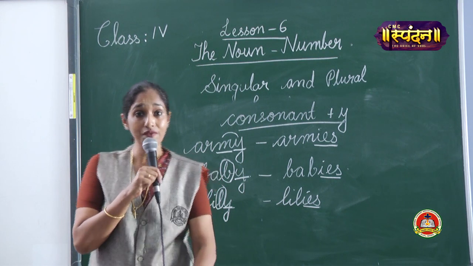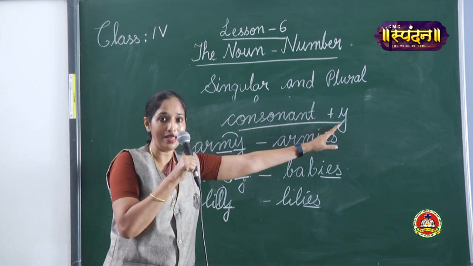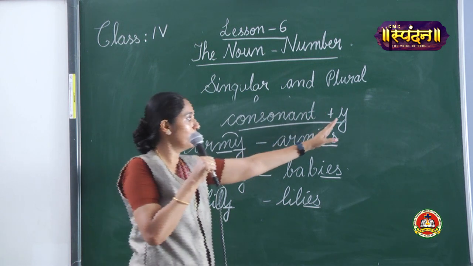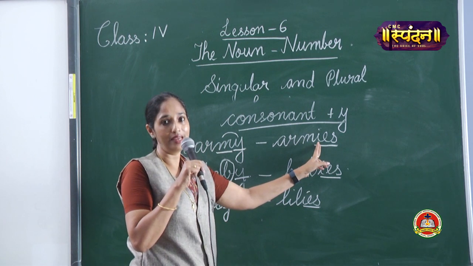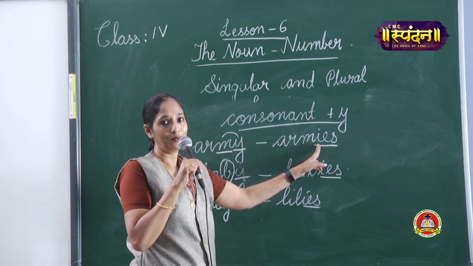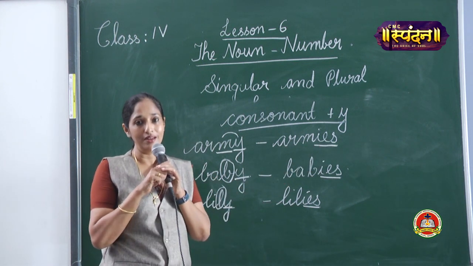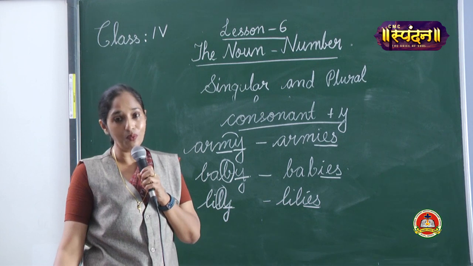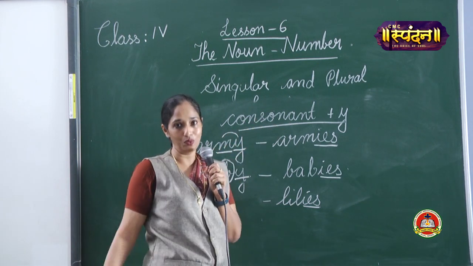So, if a word ends in a consonant plus y, you have to remove the y and add ies to form the plural. Hope you understood. Now moving to the next rule. If a word ends in a vowel plus y, this was consonant plus y.